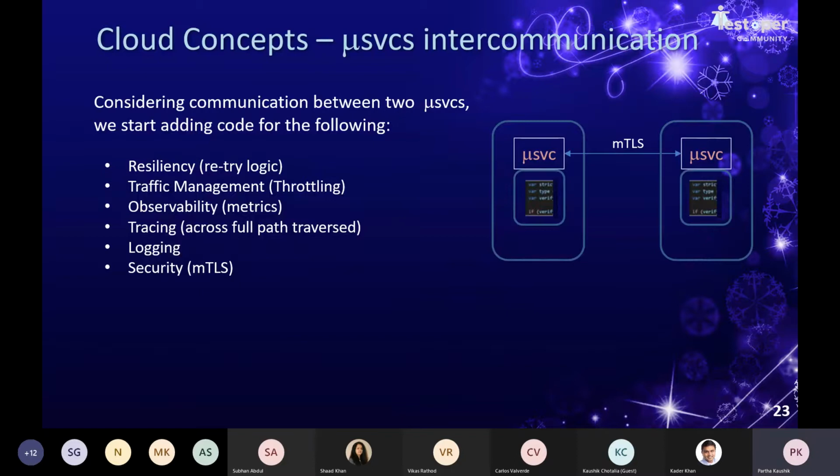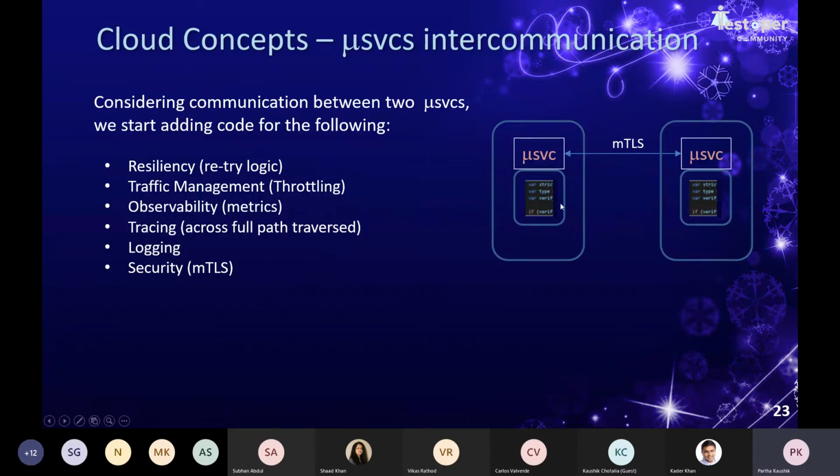So when you look at all these concerns that a microservice has to address, there is a piece of code you have to write for every microservice that does all these things. And that is shown in this diagram as a separate box.